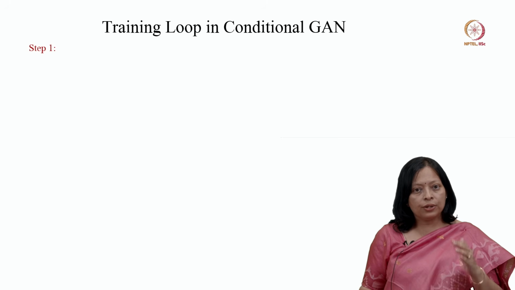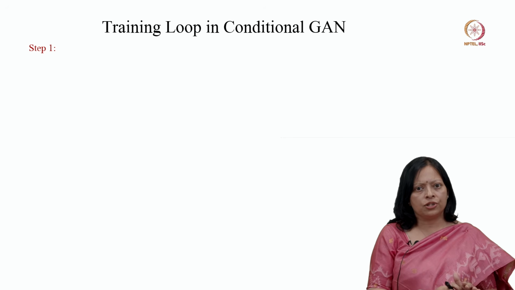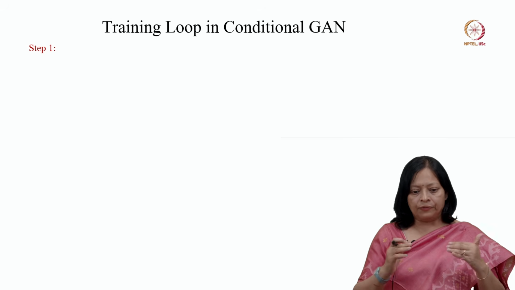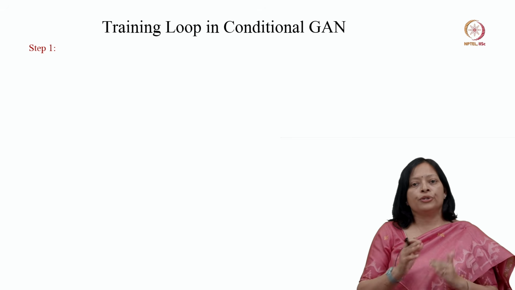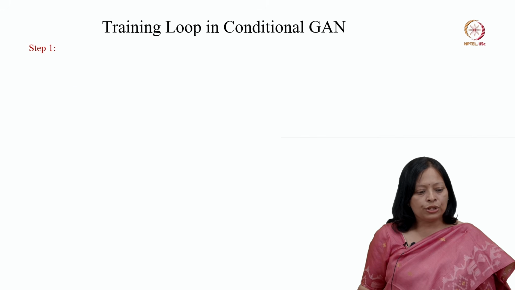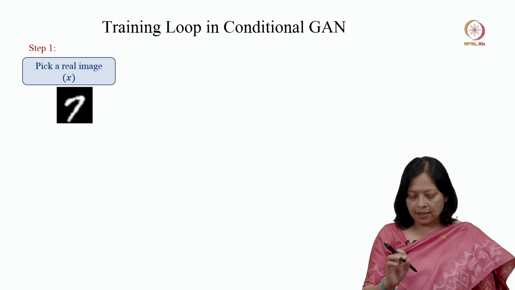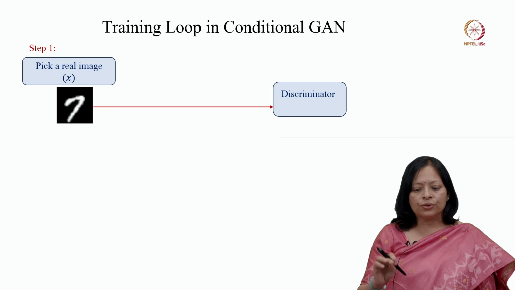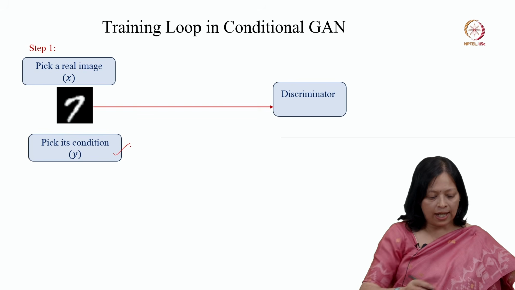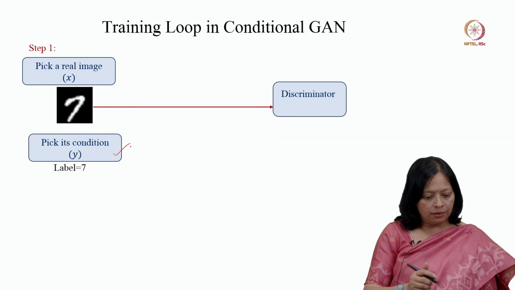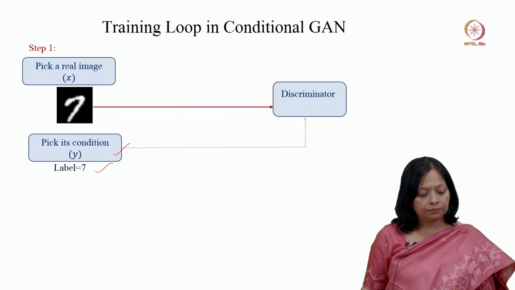The first step is the same as what we have seen in the pictorial representation, but step by step, like a pipeline or a flow, so that it becomes clear to all of you. In step 1 we pick a real image x, which is 7 in this case. This goes to the discriminator. Then we pick its condition y, which in this case is label equal to 7.